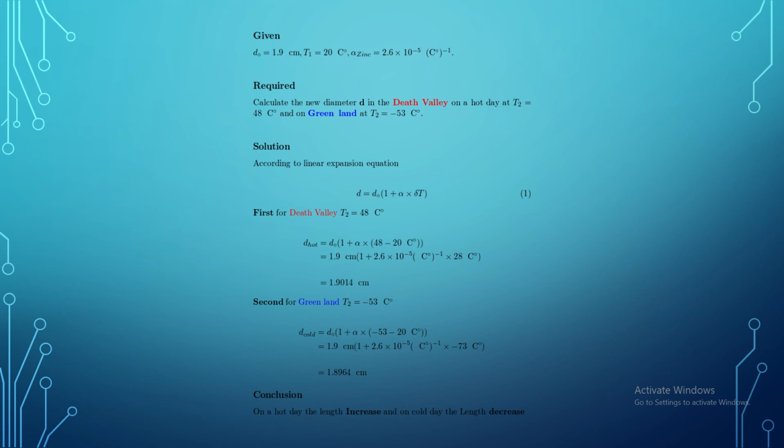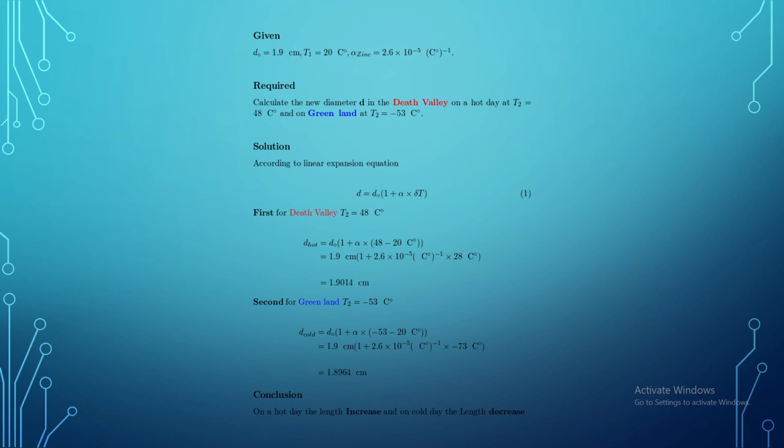The given is the initial diameter, 1.9 cm, temperature 1 is 20 degrees Celsius, and the constant of zinc, which is 2.6 times 10 raised to negative 5.